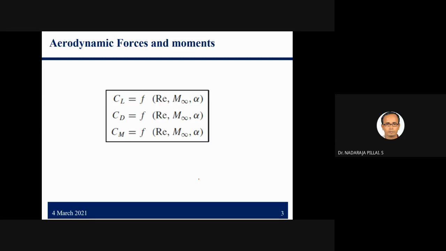In other words, the CL for a particular geometrical shape will be the same, and CD and Cm also will be the same for a particular geometrical shape. But if the Reynolds number, Mach number, or angle of attack changes, then the CL for the same geometry also changes. That is the conclusion we made in the last class.